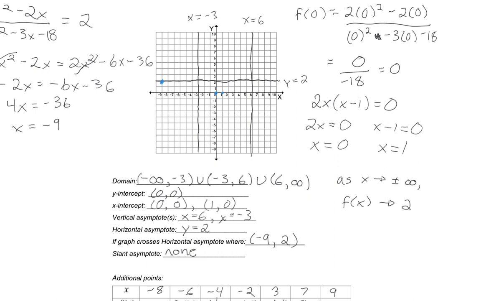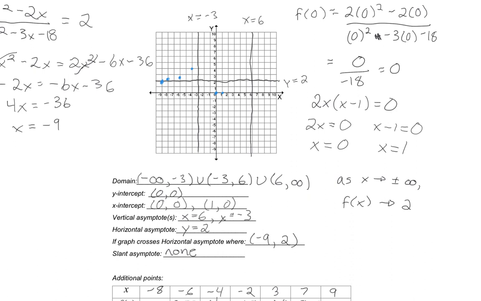And we have our additional points, so I'll go through those just real quick. So negative 8, and then about 2.06, so just above that line. And then negative 6, 2.33, about there. Negative 4, 4, got that.